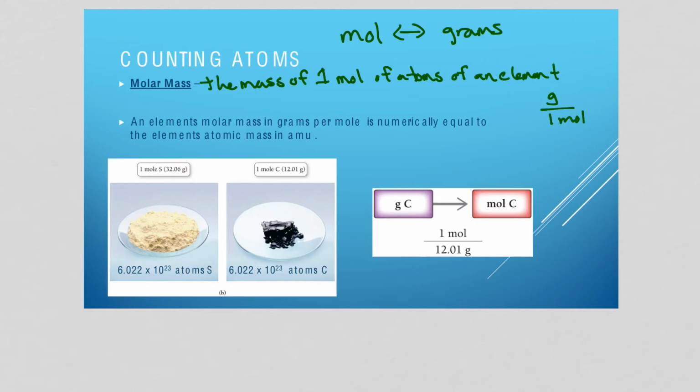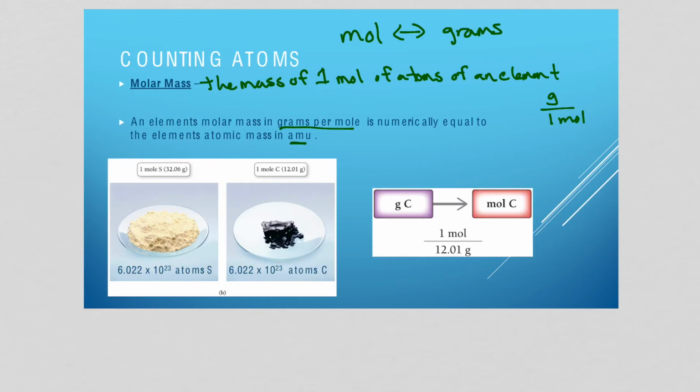An element's molar mass, again in units of grams per mole, is numerically equal to its atomic mass in AMUs. Notice the only thing different here is the units. The nice thing about the concept of molar mass and atomic mass in AMUs is that numerically they are the same, but they have different units.